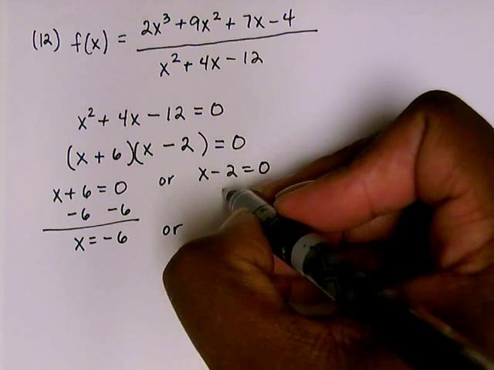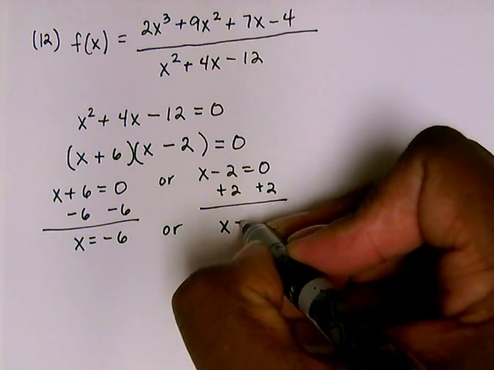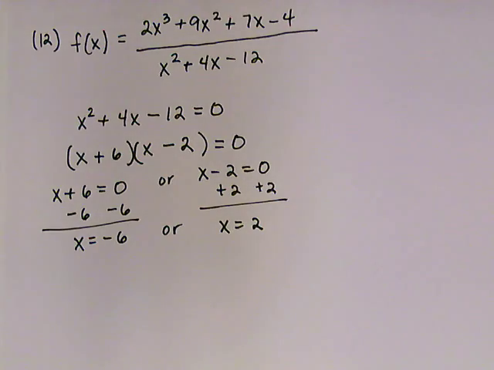Or if I have x minus 2 equal to 0, add 2, you'll get x is equal to 2. So x equals -6 or x equals 2, those are the two values of x that will give me a 0 in the denominator.